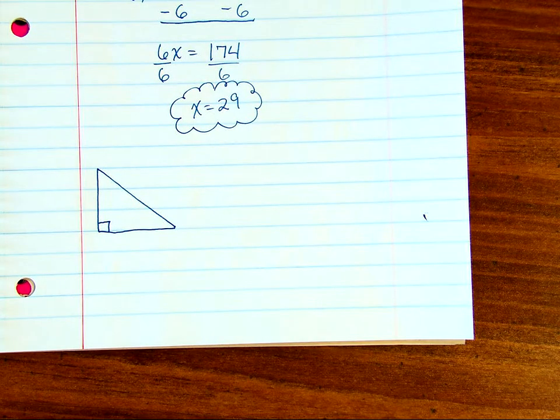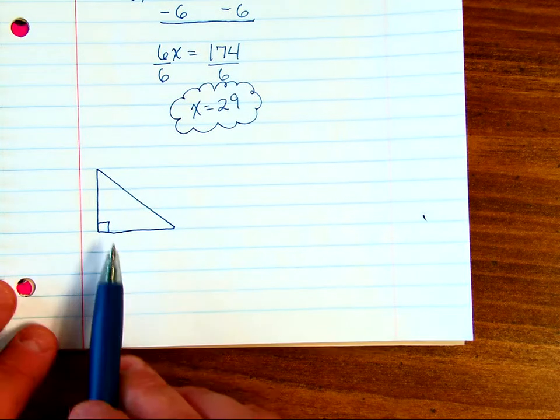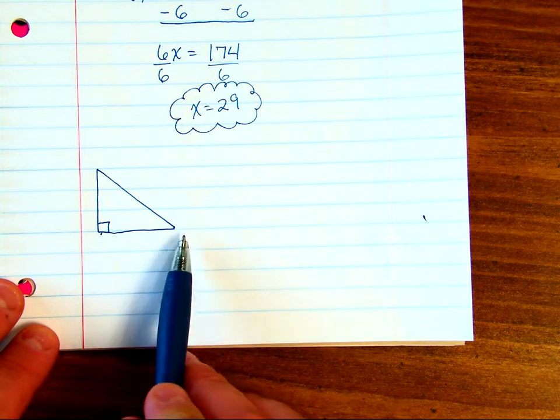Now it's time to name the side lengths. What is the name of each side? I'm not asking you how long each side is. I'm saying what's the name of each side? Anybody know what we call the bottom of a triangle?